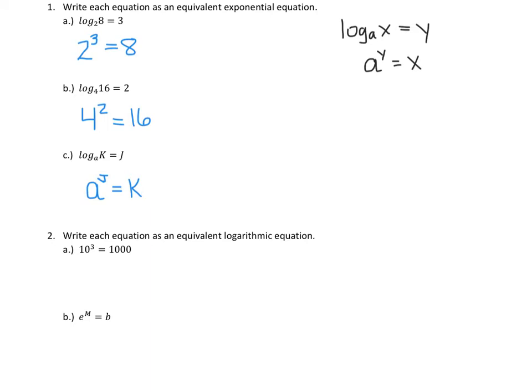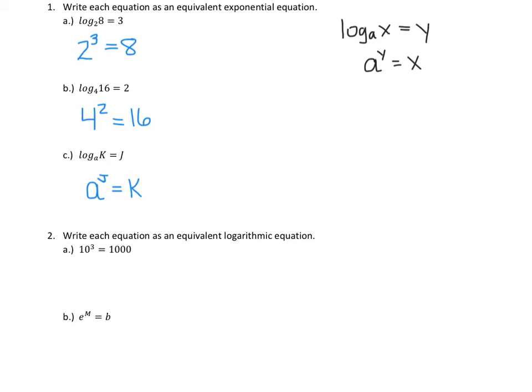For number 2, we want to write each equation as an equivalent logarithmic equation. So now we're going the other way. We're given an exponential equation, and we want to write it as a logarithmic equation. If we can just remember these two general expressions and how to go back and forth between the two. For part A, we have 10 cubed equal to 1,000.